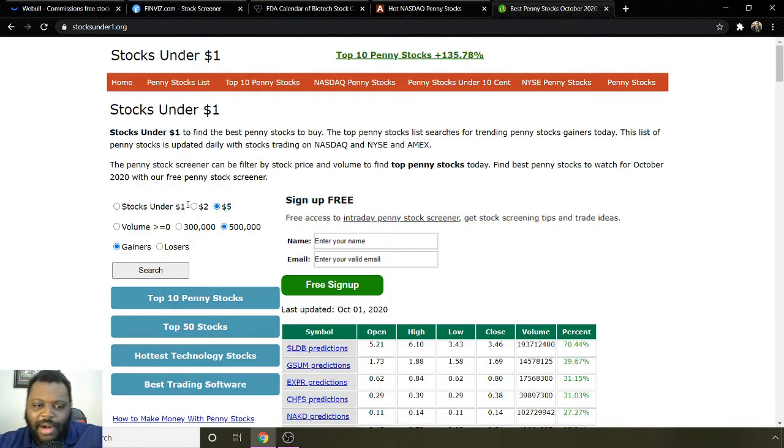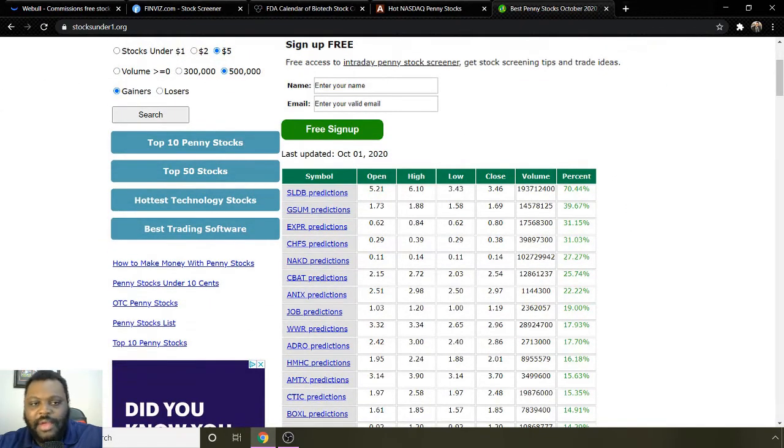You can have different markers on here: stocks under $1, the $2 range, the $5 range. It'll tell you volume: under 300,000, in the middle 300,000, and above 500,000. It has the gainers and the losers. Right now I have up to $5, over $500,000 volume, and gainers, which are stocks that gain.